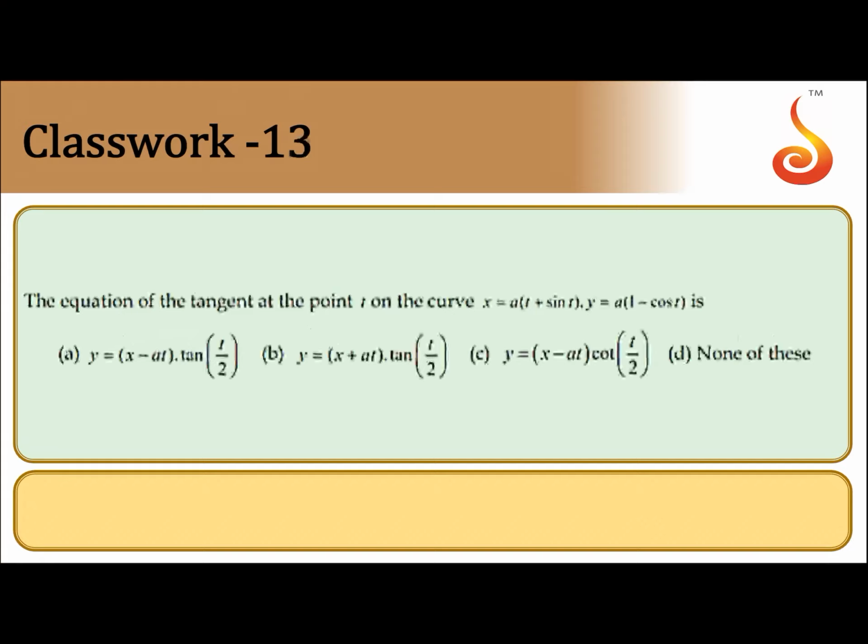Next one. The equation of the tangent at point t on the curve is given by x equals a times (t plus sin t), y equals a into (1 minus cos t). The answer is in terms of tan t by 2, so after the derivative, express in terms of half angle values.